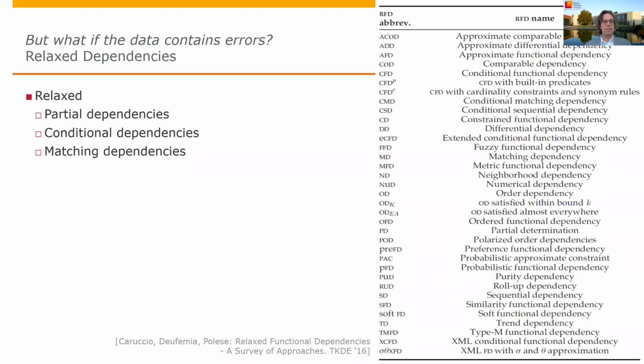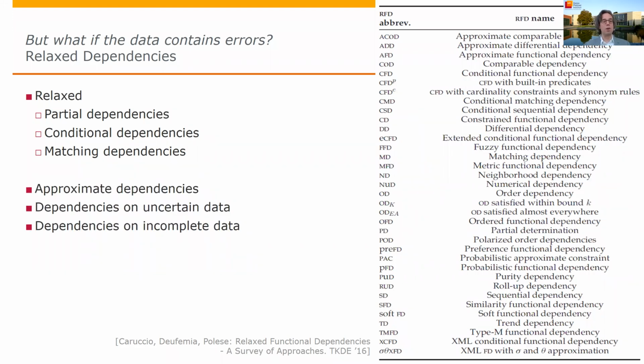So relaxed dependencies are maybe true only for a subset of the data. They might be conditional, so they're only true for US data, for US records, let's say. Or they can be matching dependencies, so we're relaxing the equality constraint. There's all sorts of ways to relax the definition of a dependency, and then there are all sorts of algorithms that try to discover them.